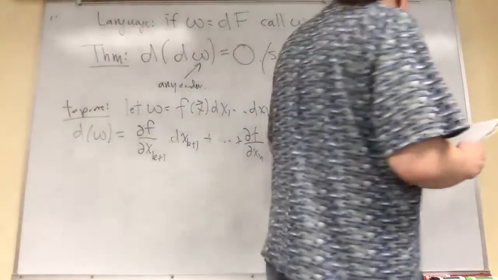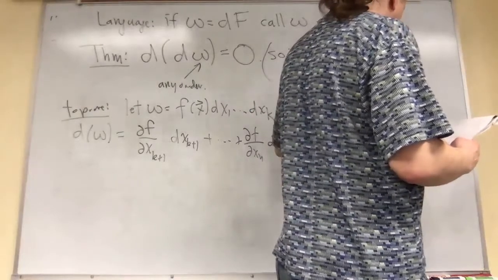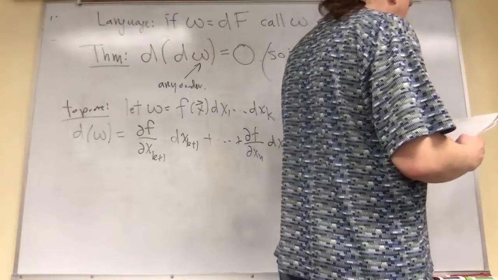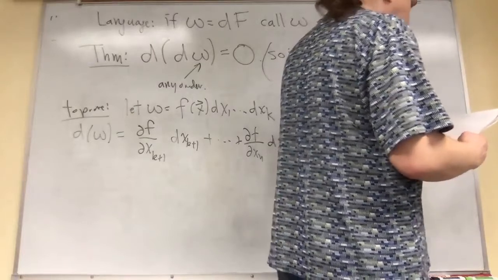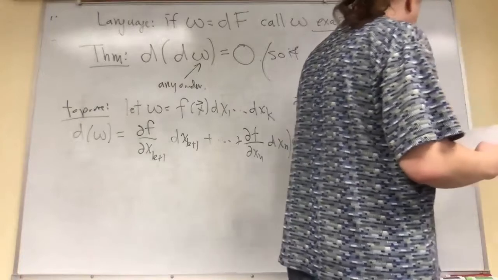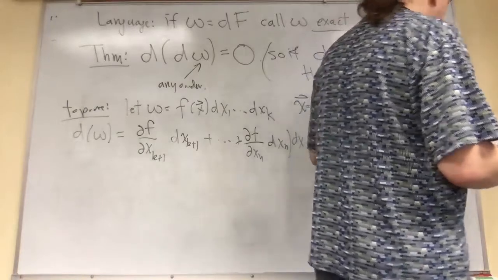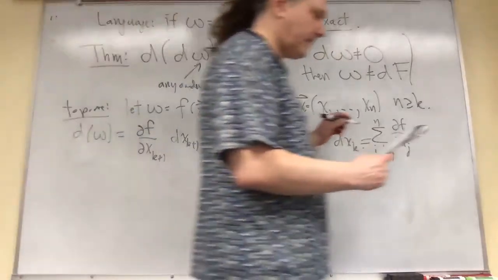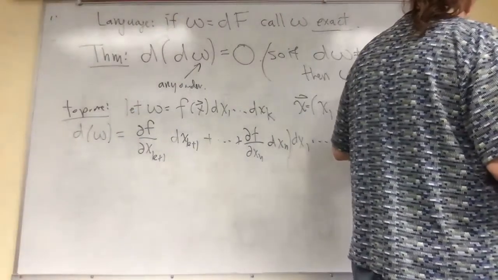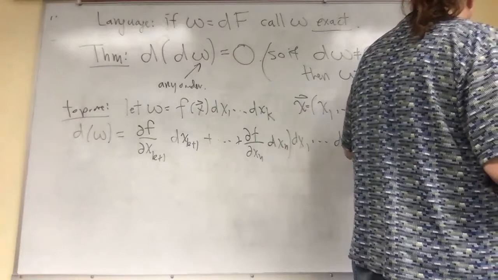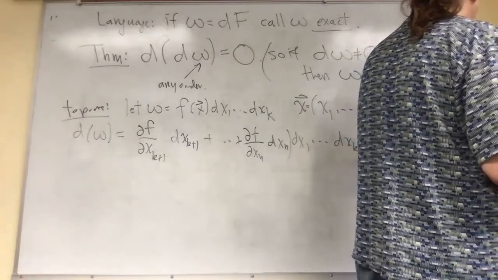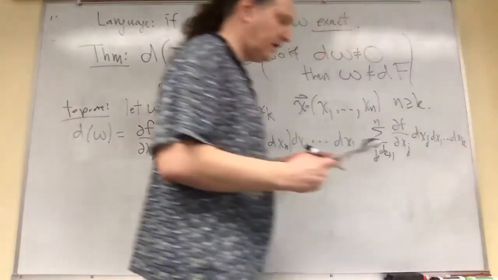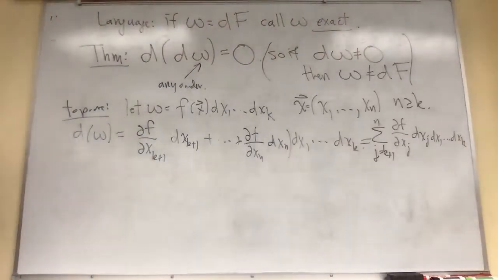And if we were to write this in summation form, which might be easier to work with soon, we have del f, del xj. J goes from k plus 1 to n. And we have dxj, dx1 up to dxk. All right. So that's the first derivative.